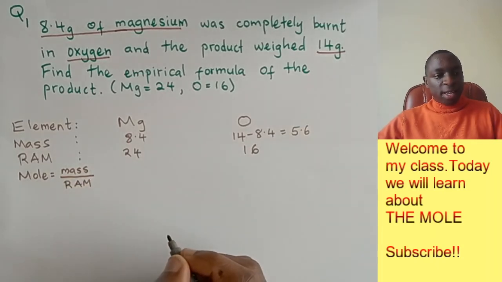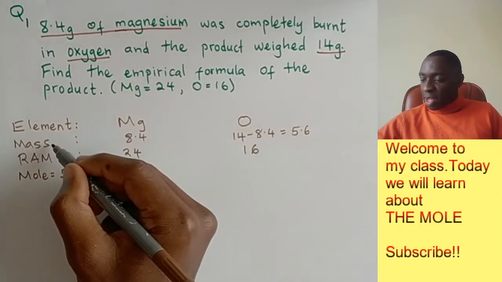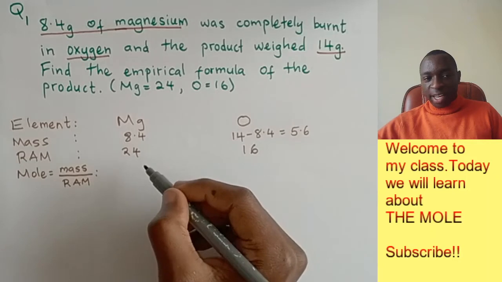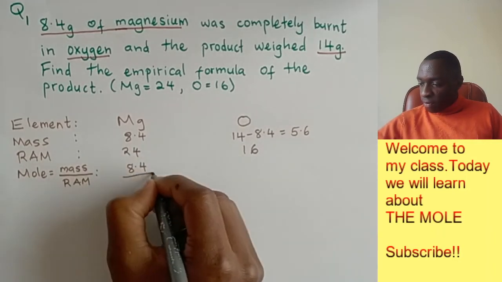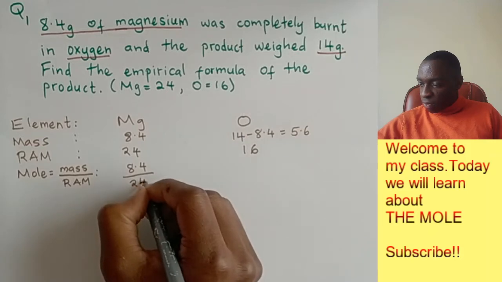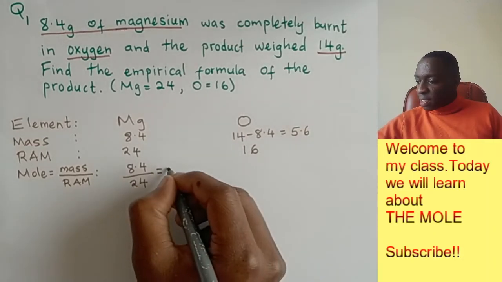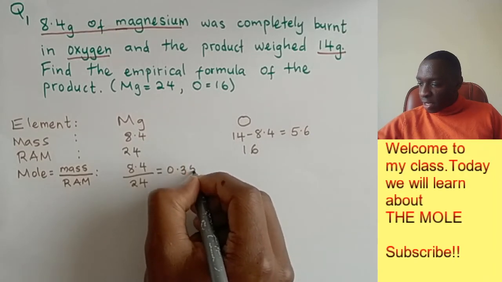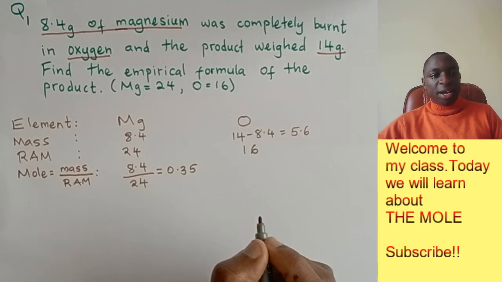So mass over RAM. So we divide: that is going to be 8.4 divided by 24. If you calculate this, it gives you 0.35. So we have 0.35 moles of magnesium.